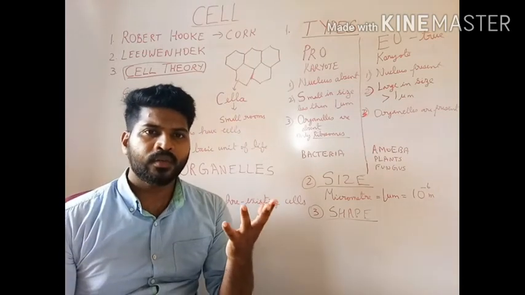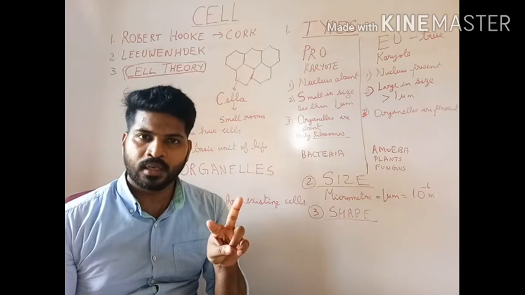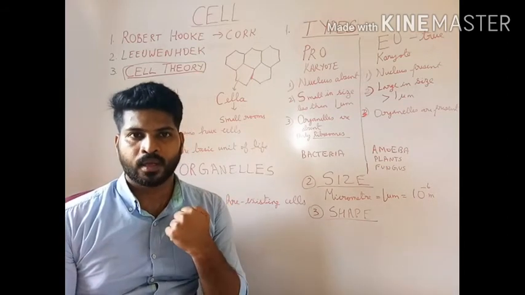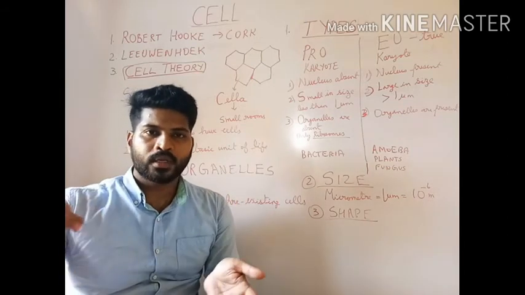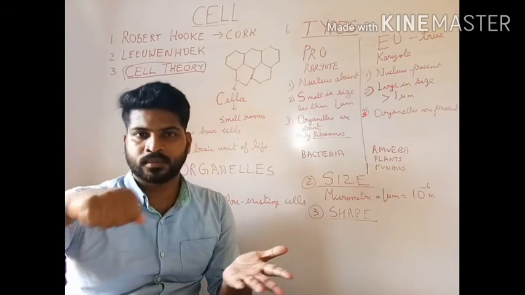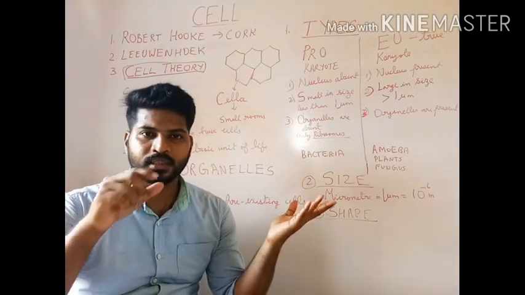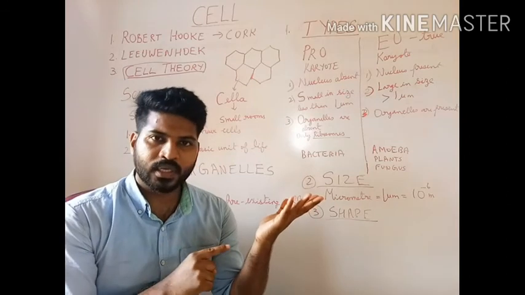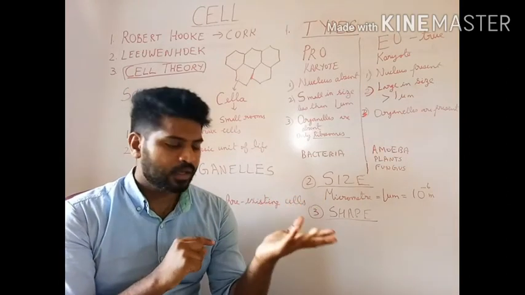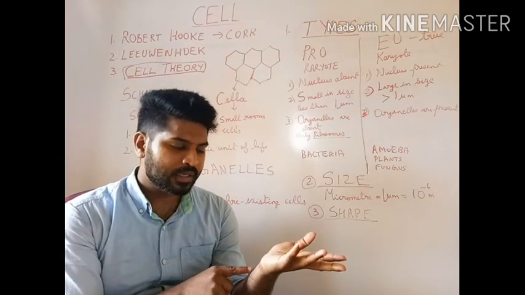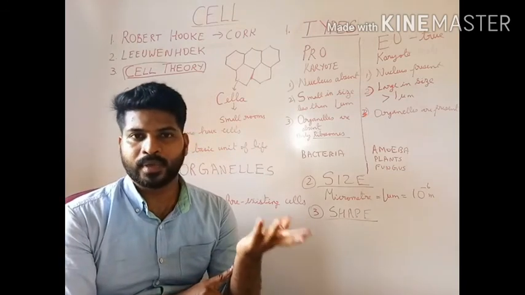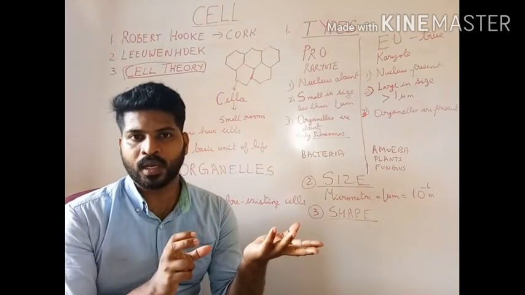What would happen if the shape of the cell is destroyed? Take for example, you are ironing your cloth. By chance, the hot iron box touches your skin, and if you observe, that particular region will become red. After some time, it will become swollen.